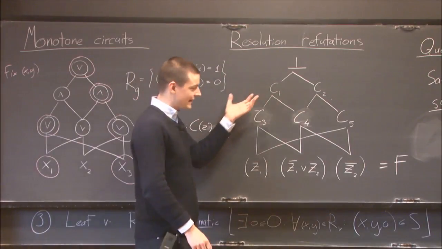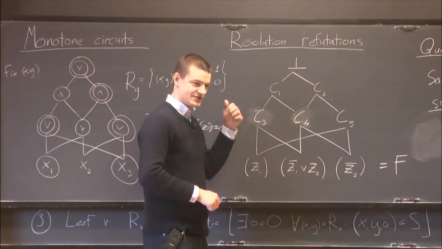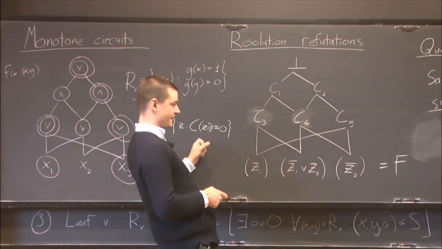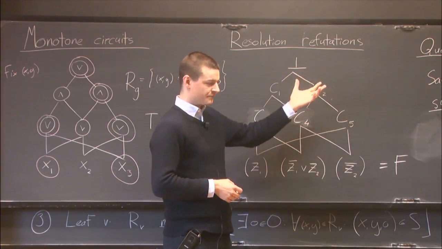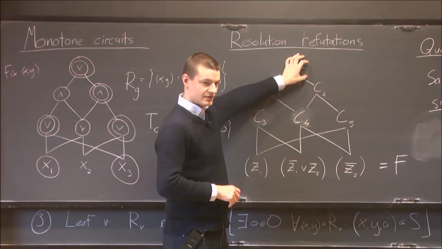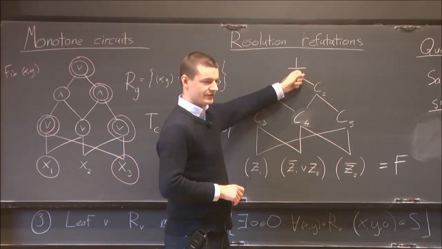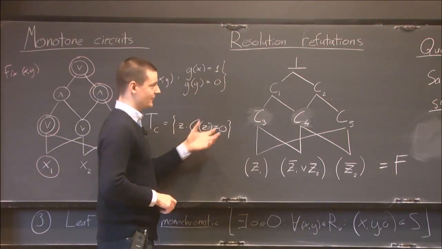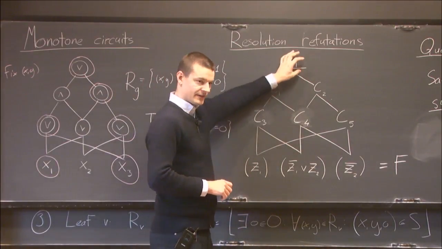Under this definition, everything just works. We can again check the three conditions from a resolution refutation. Under this definition, you get a query DAG. So the first condition was to say that everything's feasible for the top node. Well, it's the constant zero function, the empty clause, an inherent contradiction. So every truth assignment falsifies it. Everything's feasible.